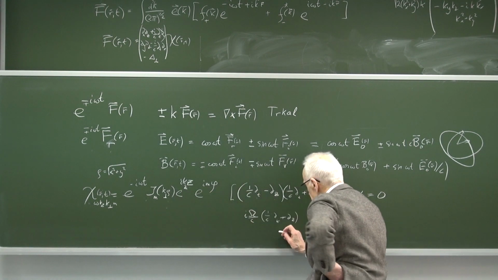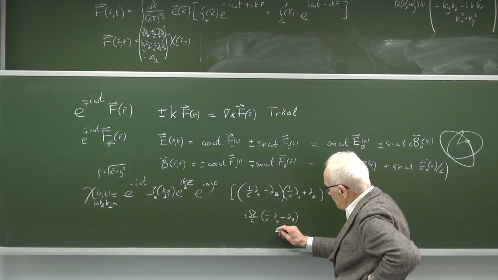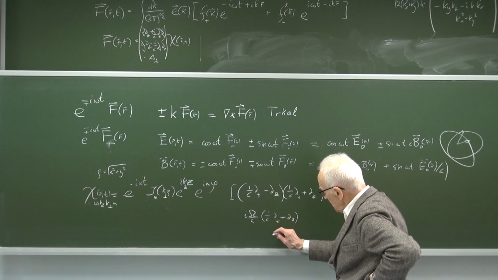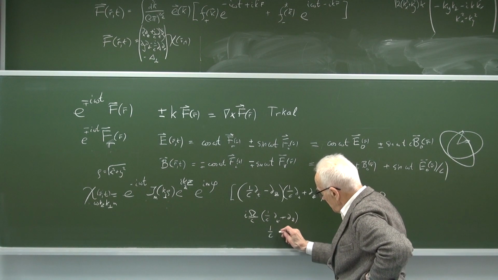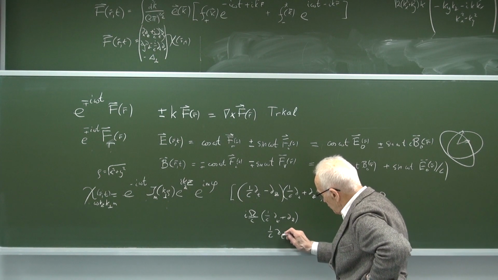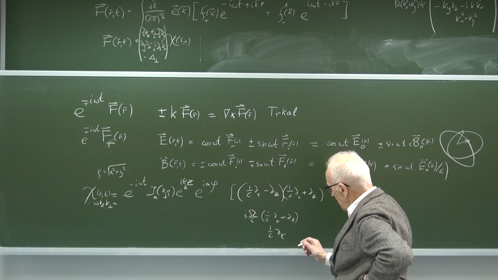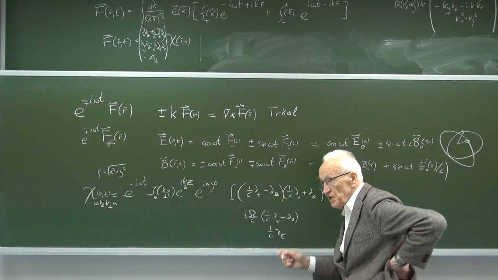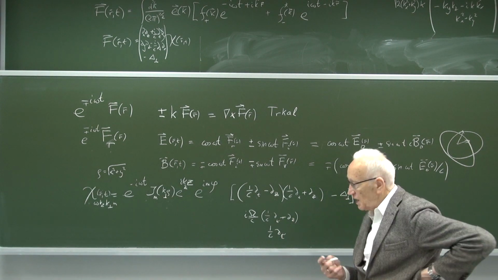And let's call this the new time variable, tau, which is the combination of the time variable and the z variable.